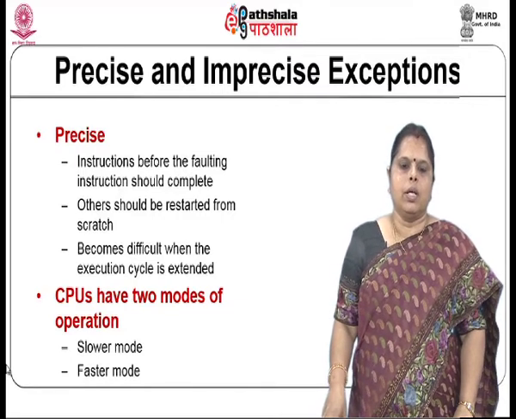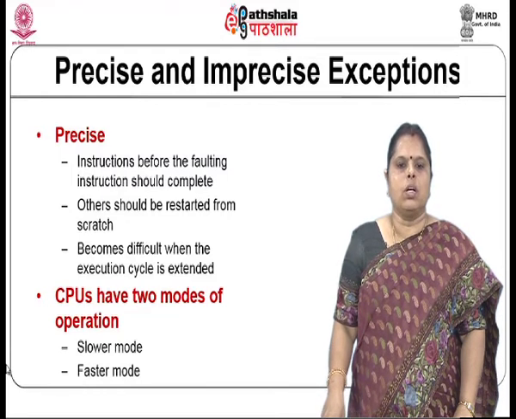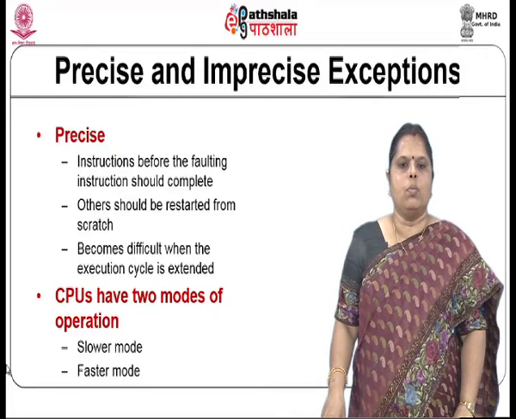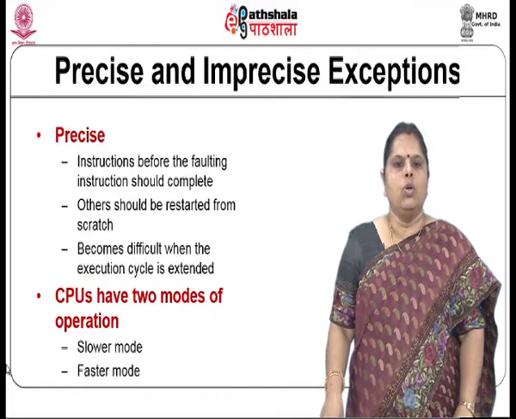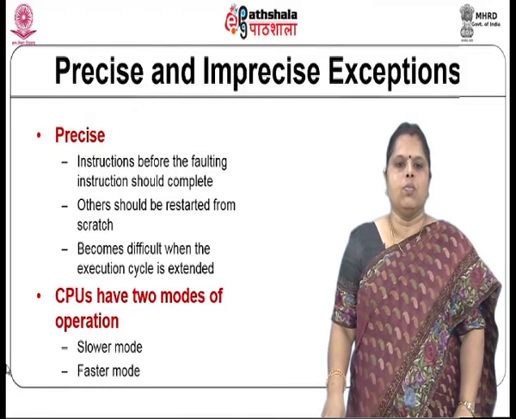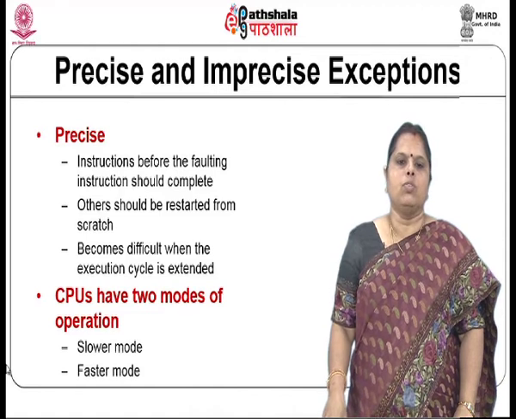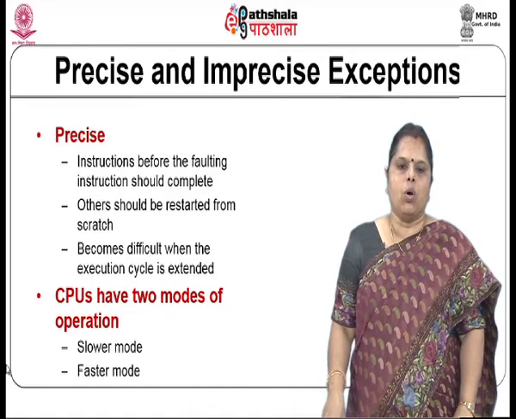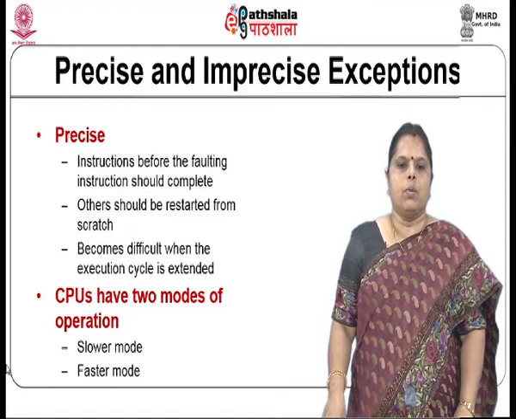The basic reason is that the processor may not allow certain overlapping of certain instructions, because it is not able to maintain a precise mode of exception. So, it will not allow you to do an overlapped execution of certain types of instructions. So, it becomes a slower mode of operation. Whereas in the faster mode of operation, it allows all instructions where it is able to recreate the state of the pipeline.